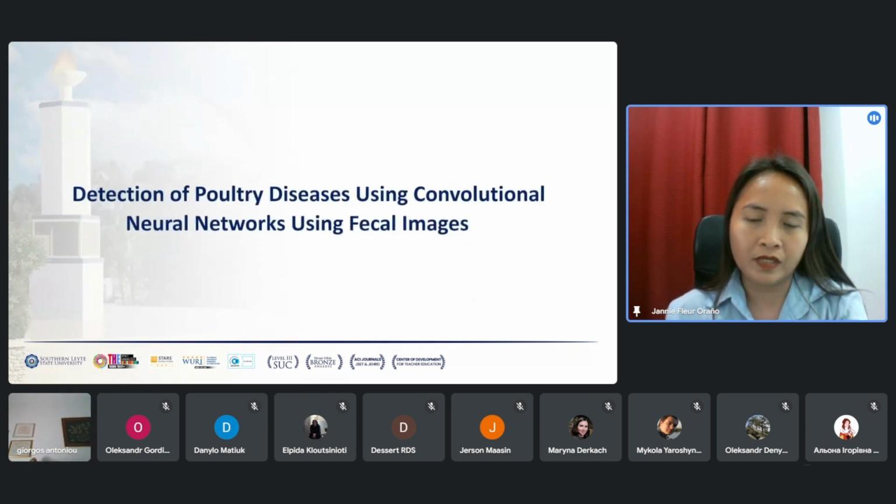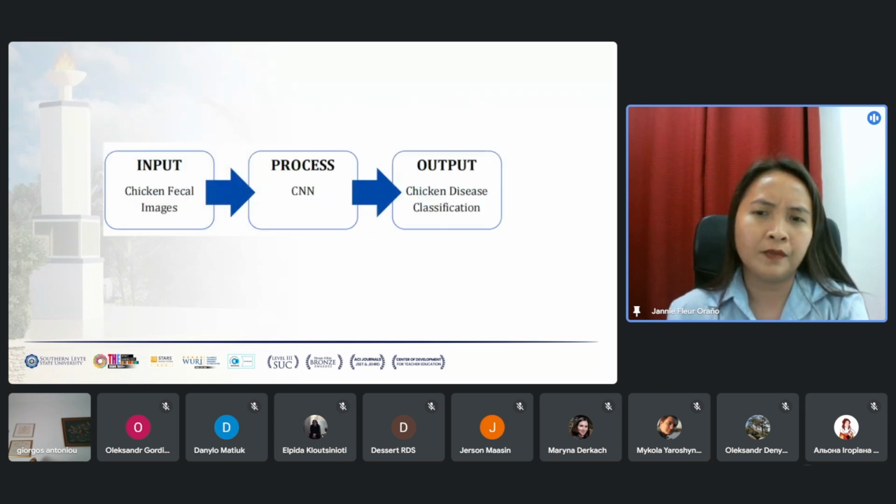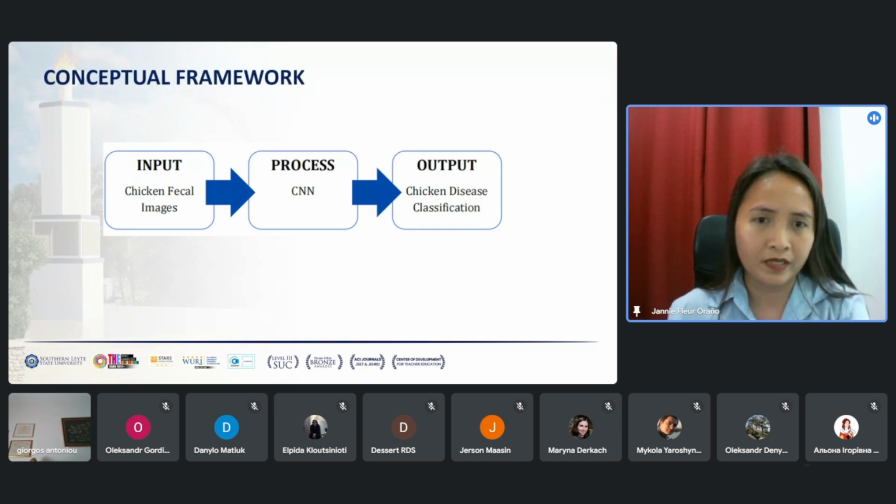Thus, in an effort to mitigate these challenges, this study examines the potential use of convolutional neural networks in identifying poultry diseases using fecal images. For the conceptual framework of the study, we followed the input process output framework.